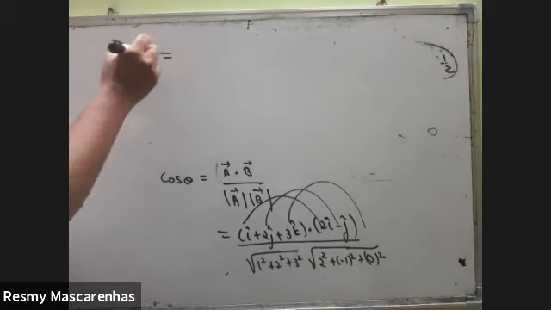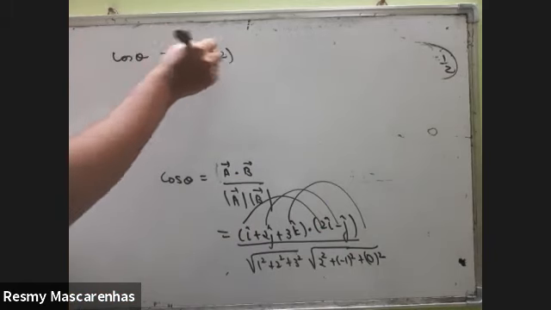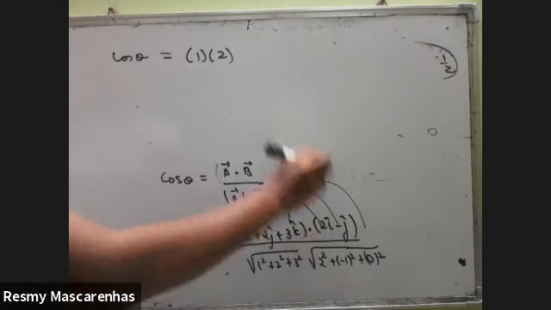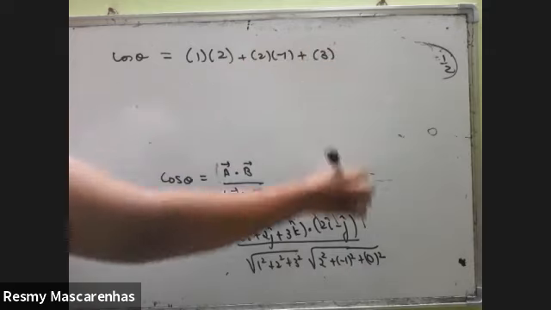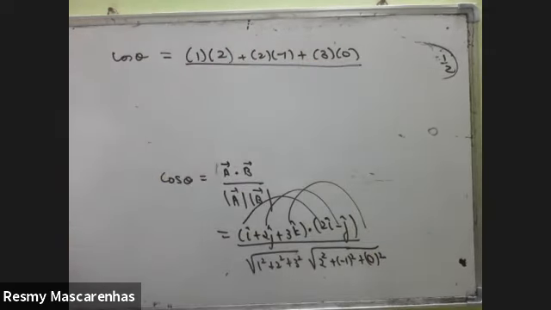This will be 1 into 2, then 2 into minus 1, and then 3 into, if nothing is there, it would be 0. The k term is missing, so it's like having 0 times k. The coefficient of k for the second vector will be 0.